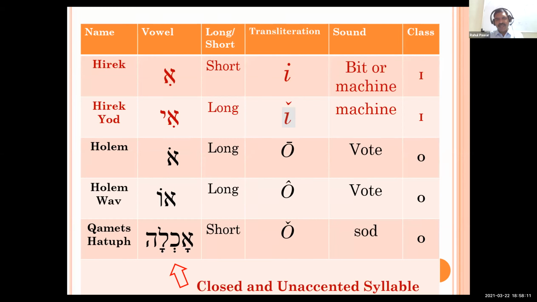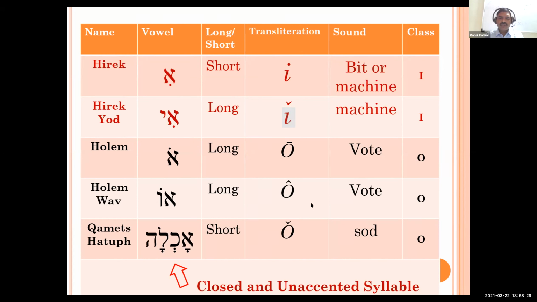I know that many of you have questions on comets hatu, but only when we go into chapter 4 or 5 about the syllable lesson will it be clear to you.